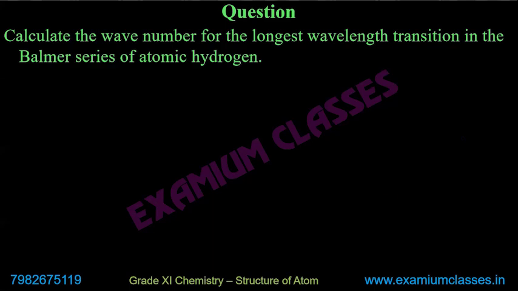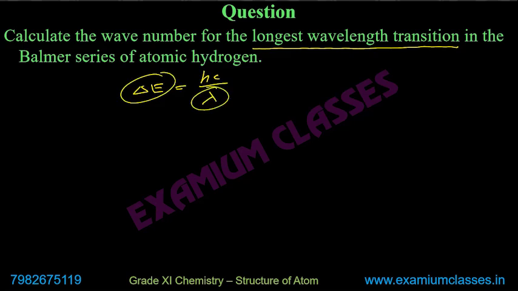Next question. Calculate the wave number for the longest wavelength transition in the Balmer series of atomic hydrogen. A very important point here: longest wavelength is lowest energy. Delta E is hc by lambda, which means energy is inversely proportional to wavelength.